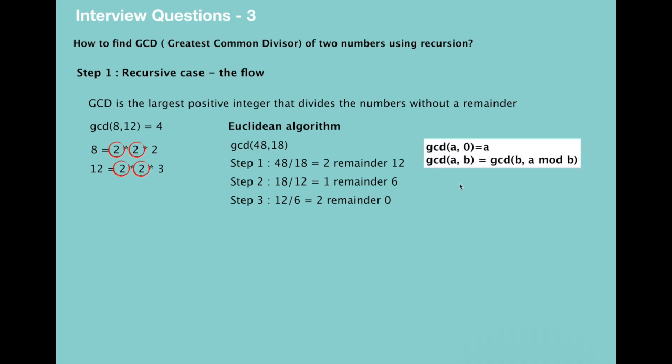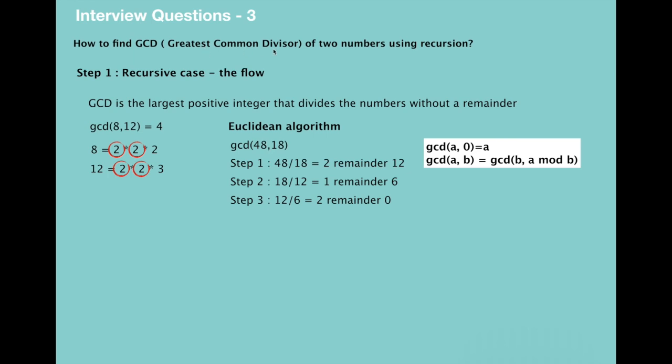As you see, in each case, b, which is 18, comes to the first parameter, and the remainder of these two numbers goes in place of b. So this equation can be our recursive case. Based on this equation, we can write the initial format of our recursive function to calculate the greatest common divisor.